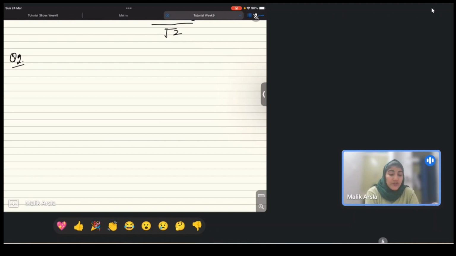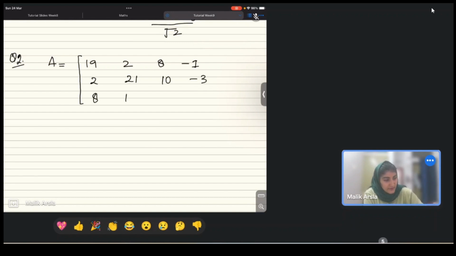So here we have one question: applying Hager's algorithm, we have to estimate the condition number of a matrix A. You would have studied this during the week. Now the given matrix here is A equal to 19, 2, 8, minus 1, 2, 21, 10, minus 3, 8, 10, 20, 14, 1, minus 3, 14 and 19.